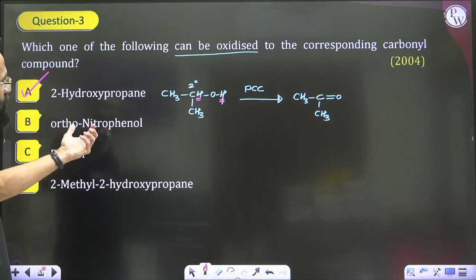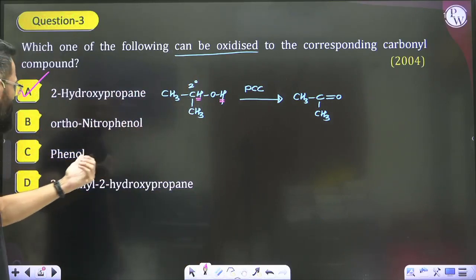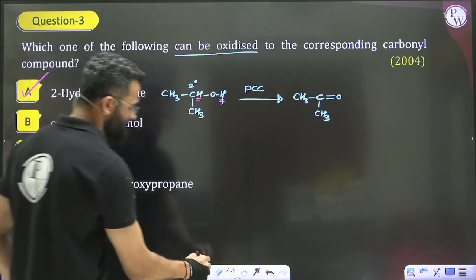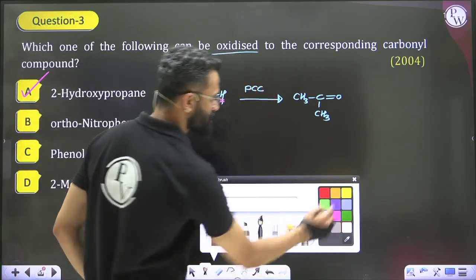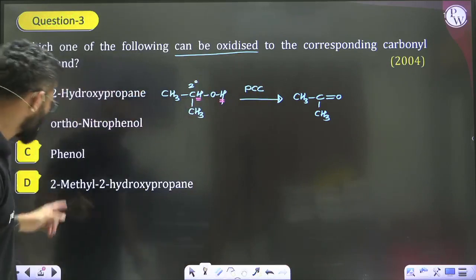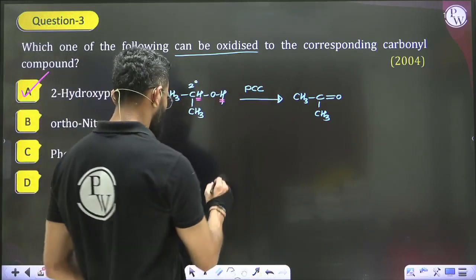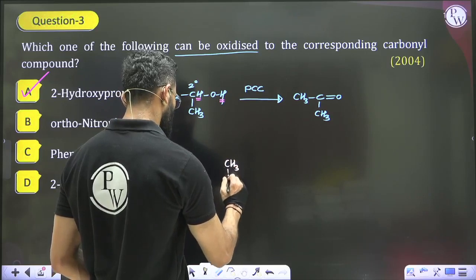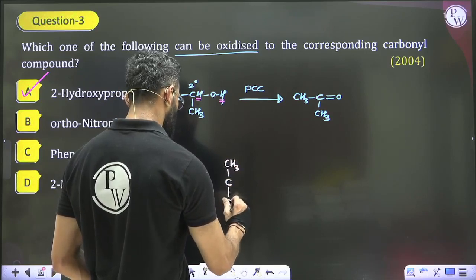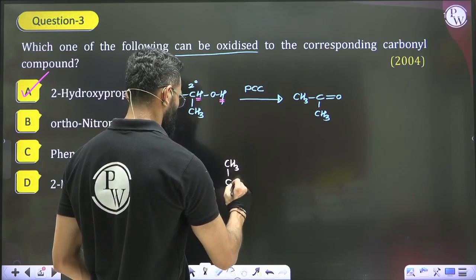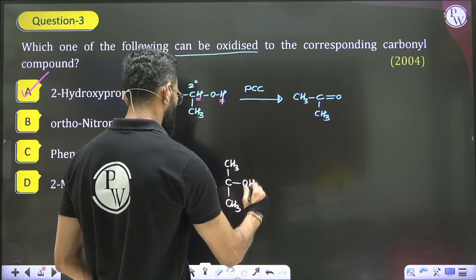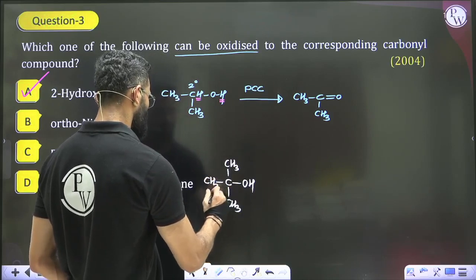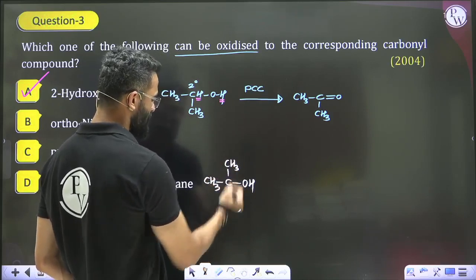Ortho-nitrophenol. Well, ortho-nitrophenol won't be oxidized to ketone, nor will phenol be oxidized to ketone. And option D that they have given us is a tertiary alcohol. Everyone see here, tertiary alcohol, 2-methyl-2-hydroxypropane. So let's say this is propane carrying hydroxy at number 2 and methyl at number 2. 2-hydroxy 2-methylpropane.